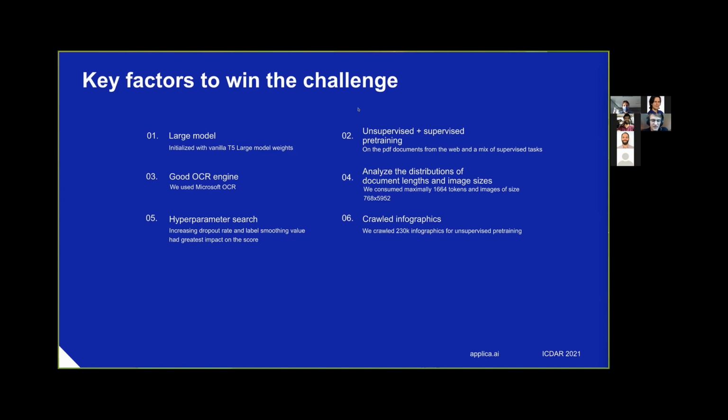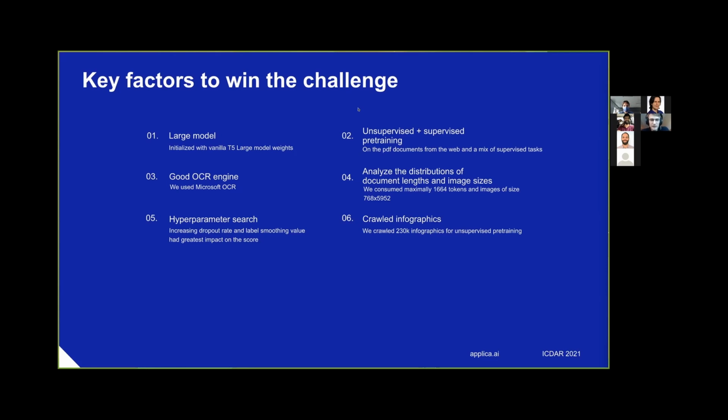Yes, and it also helped about 10 points. We did a hyperparameter search, and what improved the score the most was increasing the dropout rate and label smoothing to 0.2. It improved our score by about 4 points.